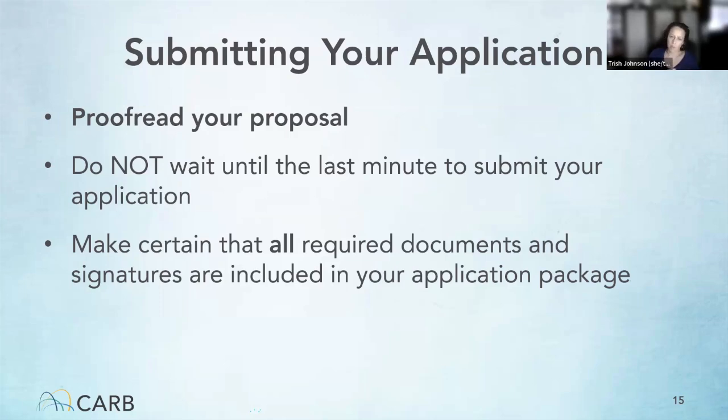So for the community air grants program, we require electronic submission sent to our program email address, which is airgrants@arb.ca.gov. And my colleagues will drop a link to that in the chat, and you can also email any questions you have about the request for applications or RFA there.